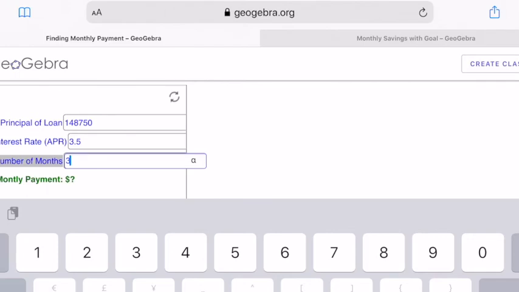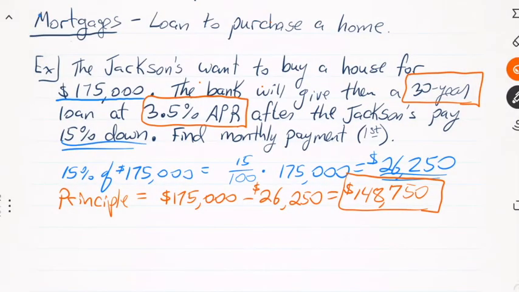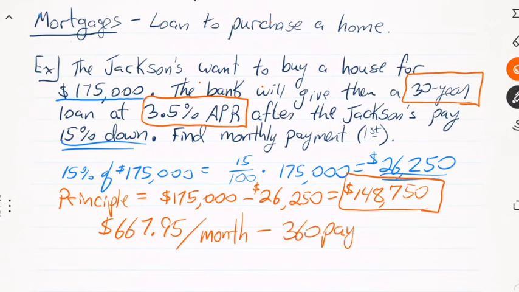And again, you can do this in the calculator: 30 times 12 is 360, just in case you didn't remember. So our monthly payment is going to be $667.95. This will be per month, and you will be making 360 payments. All right, so that finds our monthly payment.